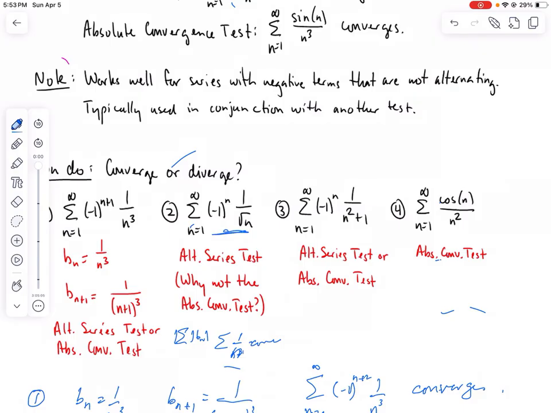The last one will be similar to the example done in the beginning of this section with the sine of n. Just follow those steps and you should be able to show the convergence of this series. Absolutely convergent. Okay, that's all for now.